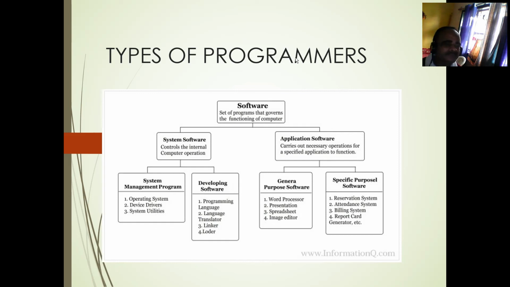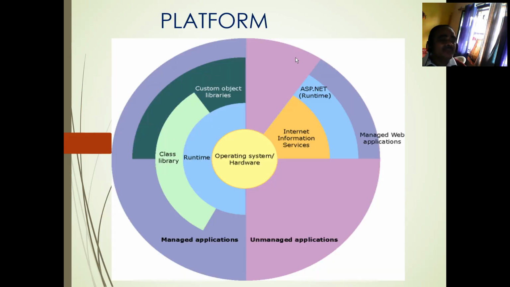System software, you know very well, includes compiler, interpreter, browser, operating system, and so on. Now in .NET technology, we will mainly focus on application software. In application software, the programmer has a good platform to develop various kinds of window-based and web-based applications using different web services. Now we are getting a good platform.